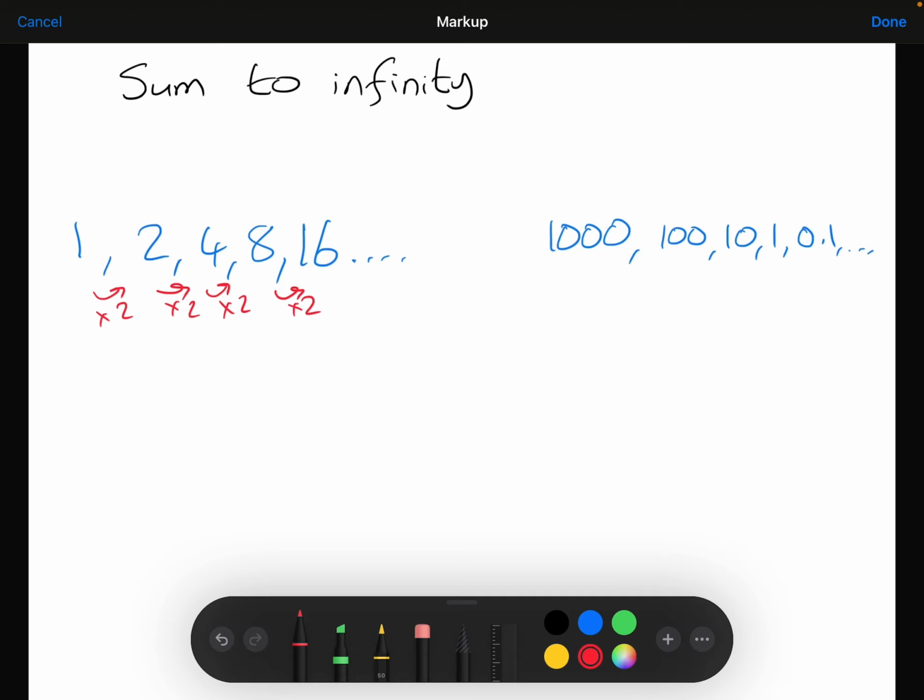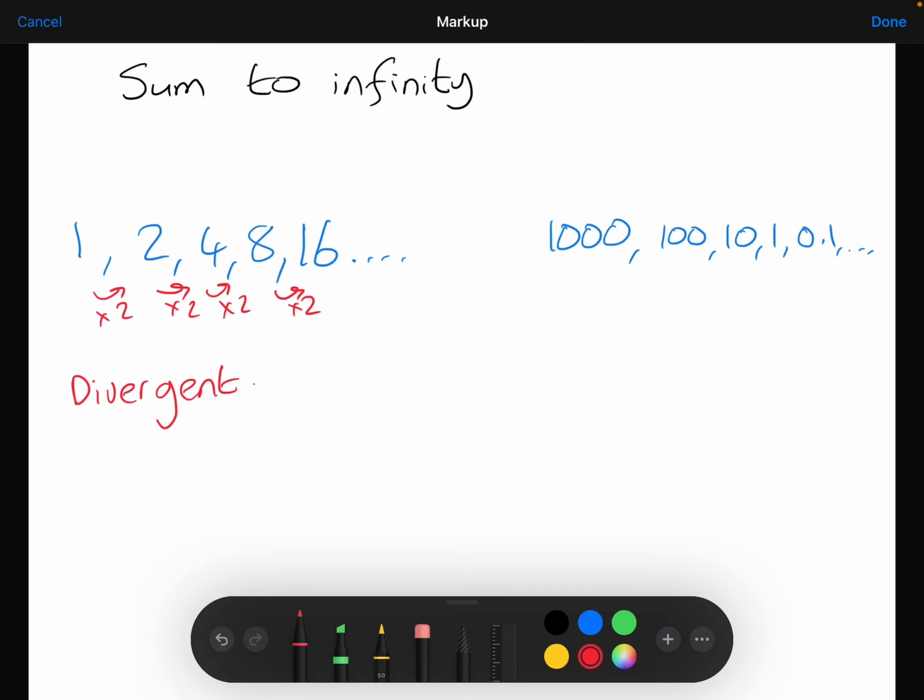I'm adding huge numbers. So the sum to infinity of this sequence, because the numbers get so big, we just call that sum divergent. It just keeps getting bigger and bigger. It makes no sense to try to calculate the sum to infinity of that. There's no point even trying to do it.